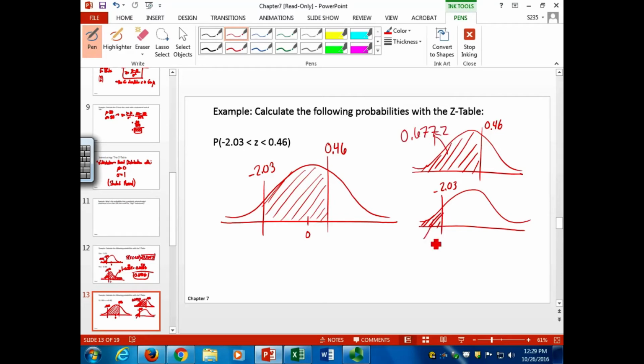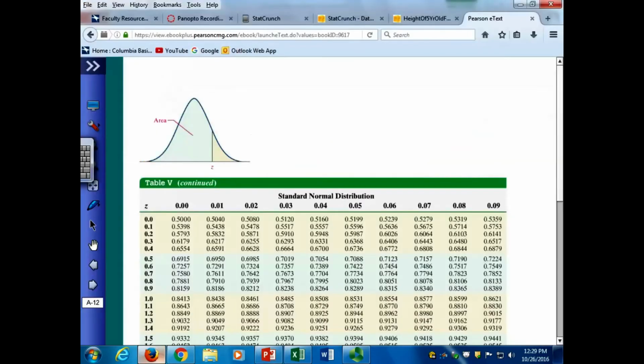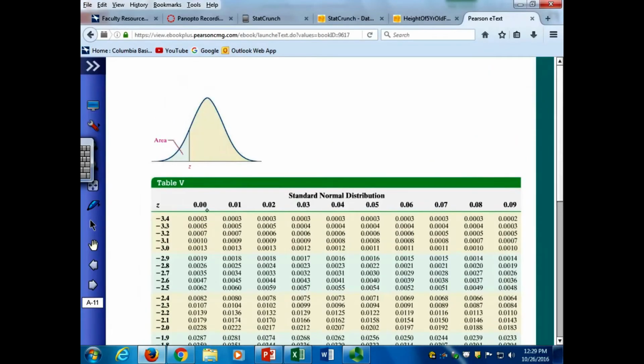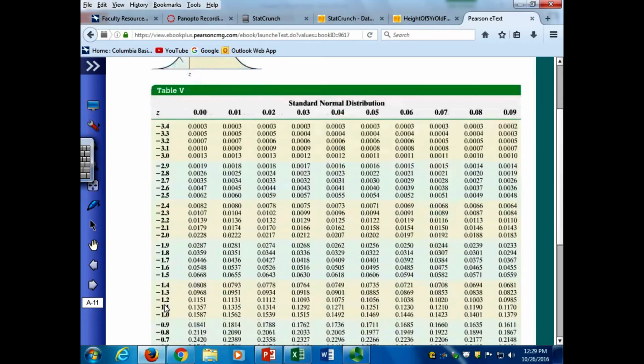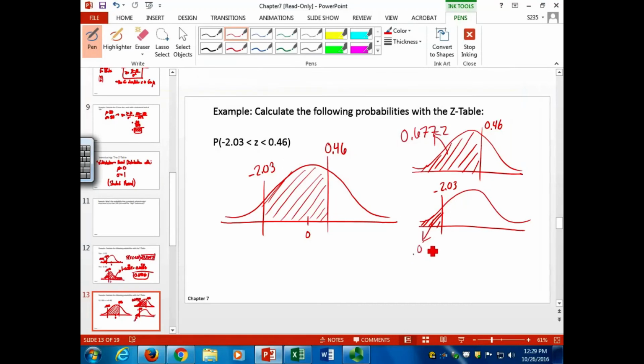And then I'm going to go get this tiny tail probability down at the bottom. That's going to come on the negative side of my z-table. So negative 2.0, 1, 2, 3, and that's 0.0212.